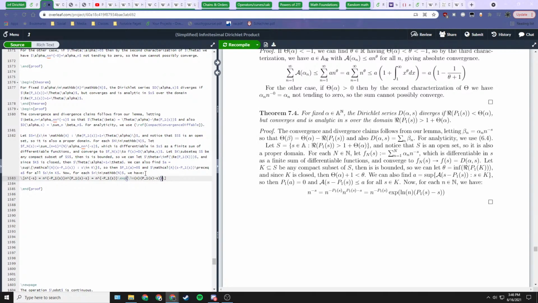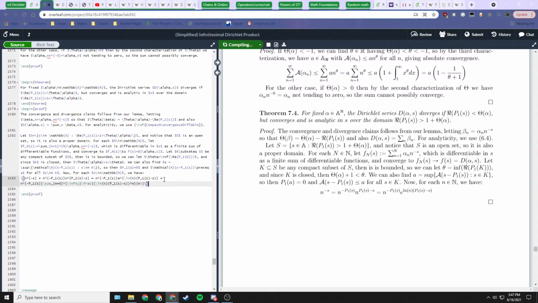Let me see how that looks. Okay, so n power minus P1 of S times the summation m equals 0 to infinity of a fraction divided by m factorial, and that thing is the natural log of n times P1 of S minus S, all to the power of m.